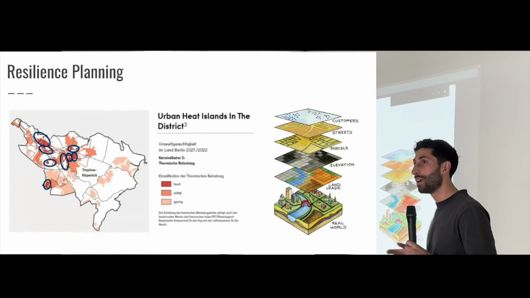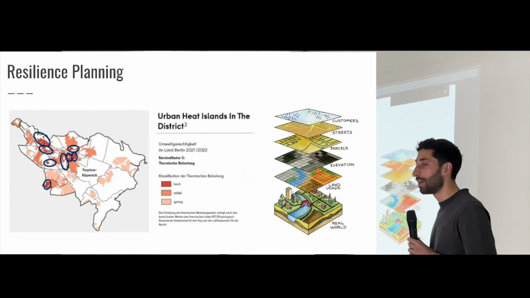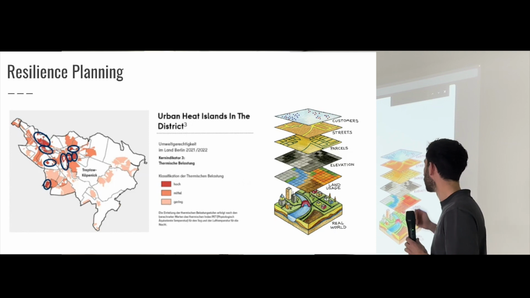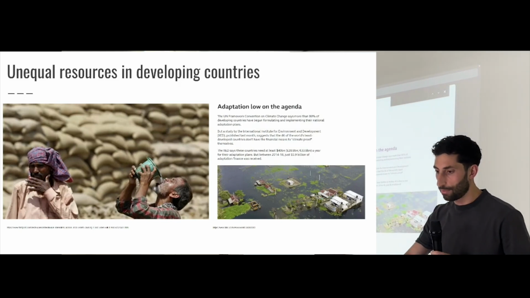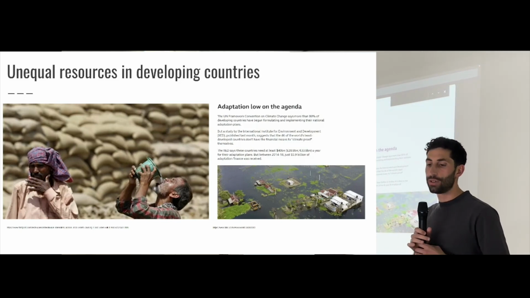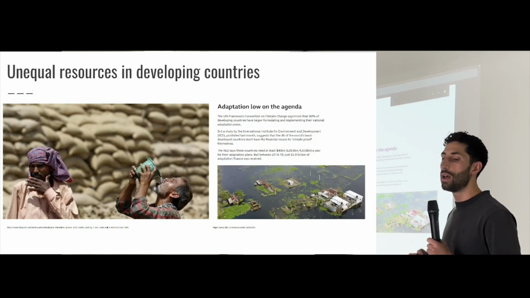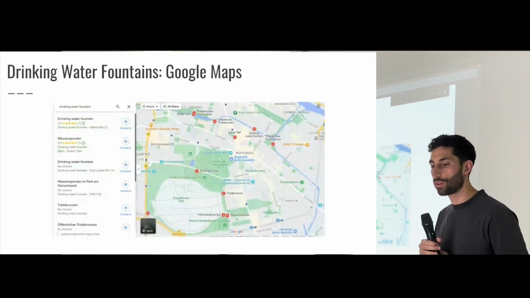It's not great. It's not enough information for planners to make decisions at a local level. And actually, this decision-making would require lots of levels superimposed on top of each other. A bigger problem is that the countries affected most by climate change do not have the resources and know-how to develop these tools. But there are open source platforms like OpenStreetMap.